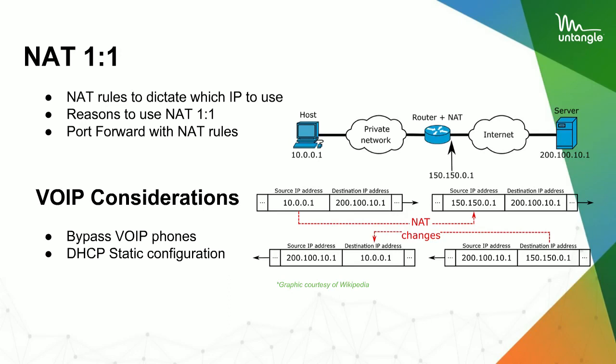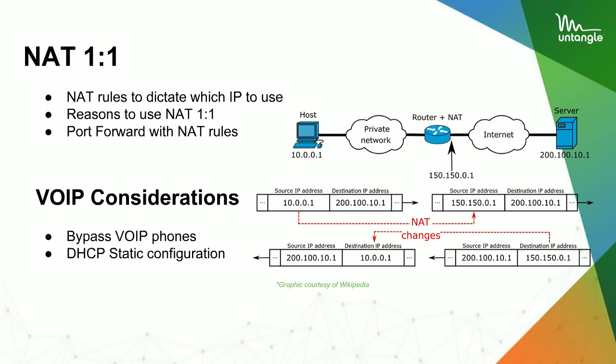Moving on from port forwards, we can then take a look at NAT. So when we talk about port forwards versus NAT rules, it's important to keep in mind port forwards are designed for inbound traffic. So that's an external source trying to get to an internal service. One-to-one NAT is the exact opposite.